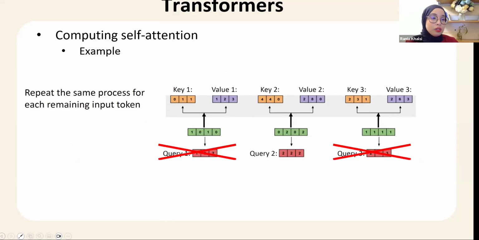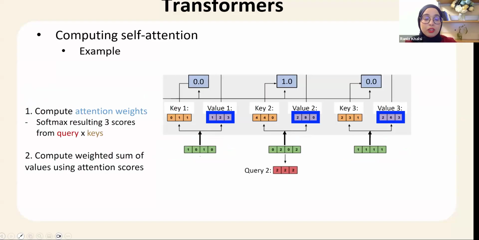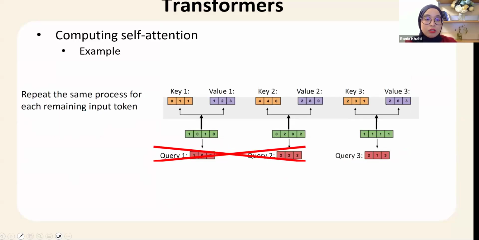So we're going to repeat the same process for each remaining input token, okay? And here, for example, we'll do it for the second query. In this case, we don't consider the first and the third or last query, okay? So we compute the attention weights, then we compute the weighted sum of values using attention scores.